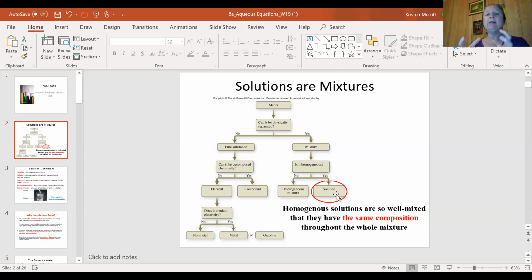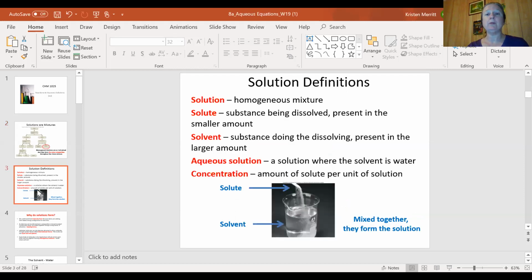The concentration of everything will be the same. These are terms you do need to know. If I ask you true or false, a heterogeneous mixture could be a solution, you would say false. It must be homogeneous. Otherwise, it's just a mixture, it's not a solution.